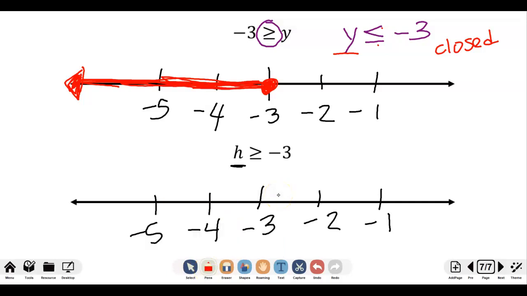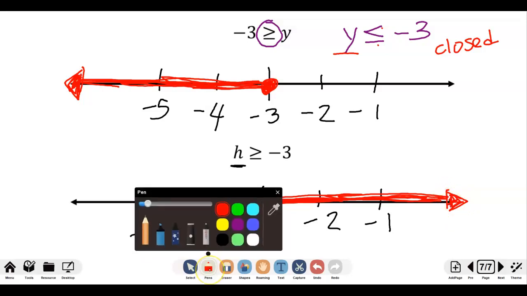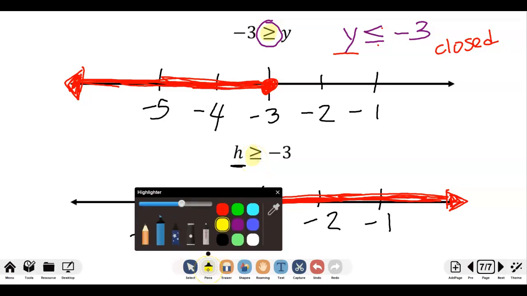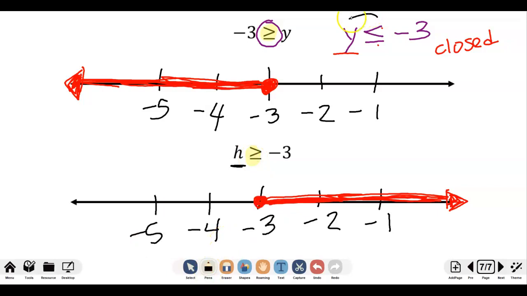Now we still have a closed circle, but this time we are graphing to the right. So we're going to fill that in, going to the right. So notice how the number is the same, and the sign here starts out the same, but because we had to flip so that our variable was first, then our sign also flipped as well.